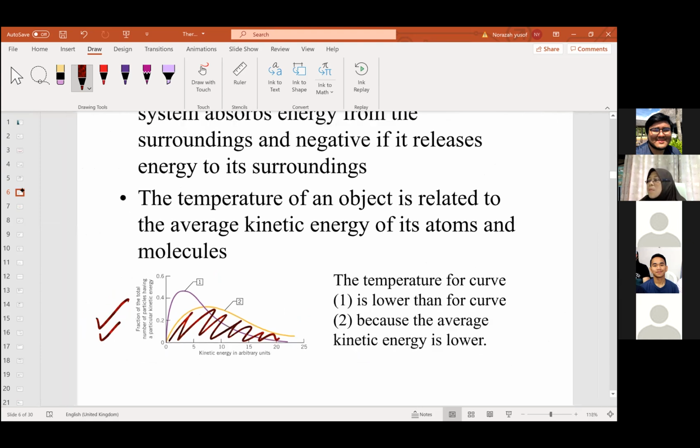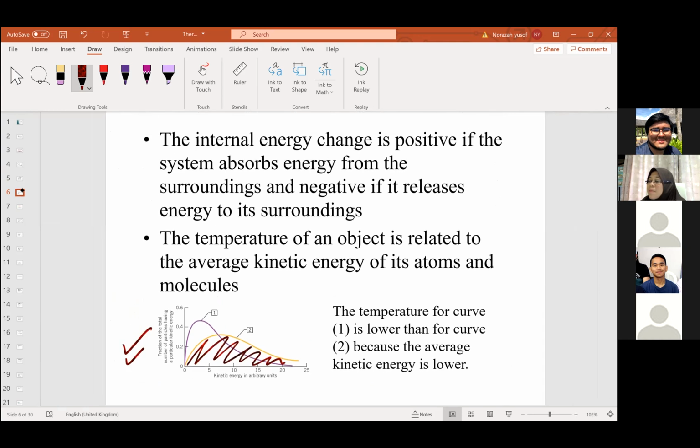So let's say you have a system with a certain specific kinetic energy, then you can see the fraction of the moles is here. And for the purple one, this is the amount.